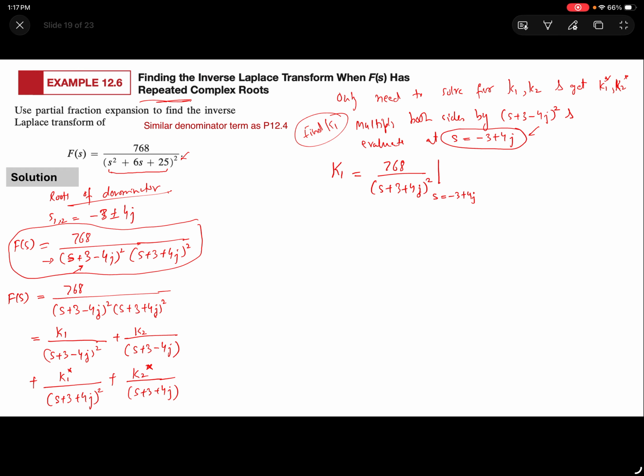So if you put this in, s is minus 3, so minus 3 plus 3 cancels out, 4j plus 4j is 8j, 8j square. 8 times 8 is 64, and j square is minus 1. So 768 divided by minus 64, so the value of K1 is going to come out to be minus 12.